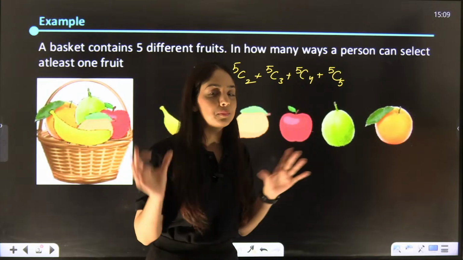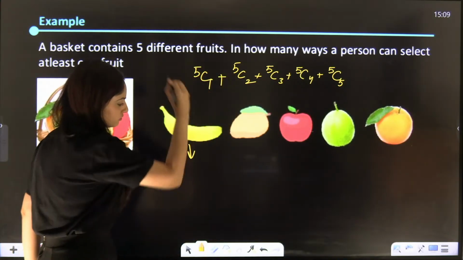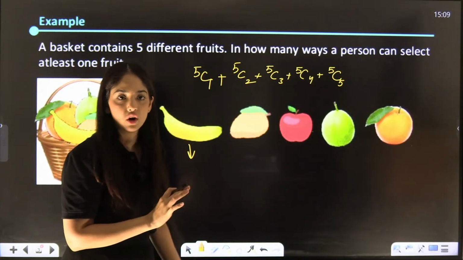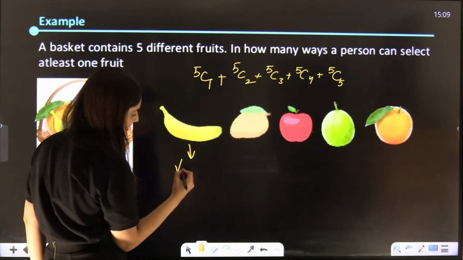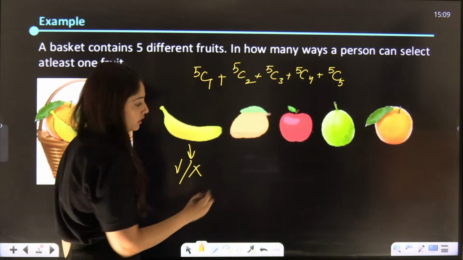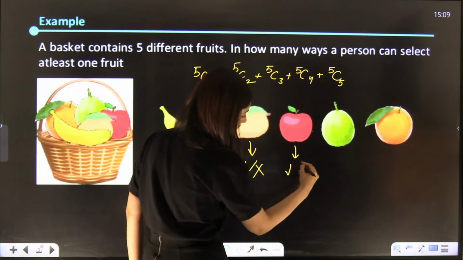Now, just applying that same method here, we have an option of selecting the banana or not selecting the banana. So we may select it or we may not select it. Same for mango, we may select it or we may not select it.